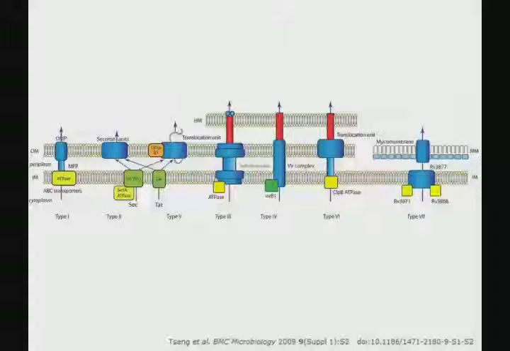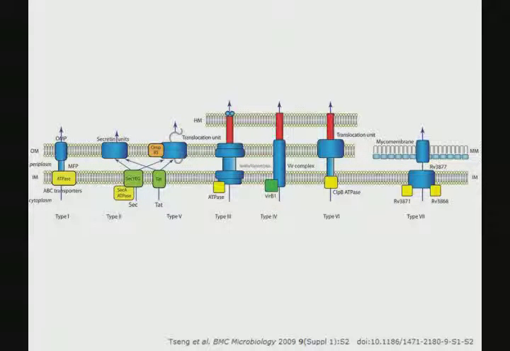The same is true for type 4 secretion. However, for type 6 secretion, it can be either a eukaryotic cell or, as we will see later on in the movie, another bacterial cell. But all these three are contact-dependent translocation systems which transfer substrate from one cell into the other, which makes them quite distinct from the other secretion systems.